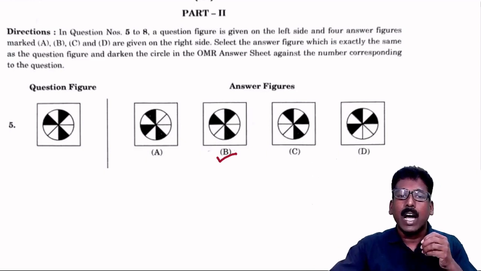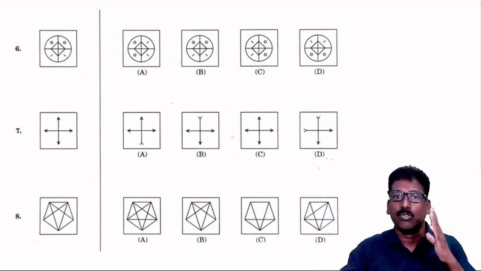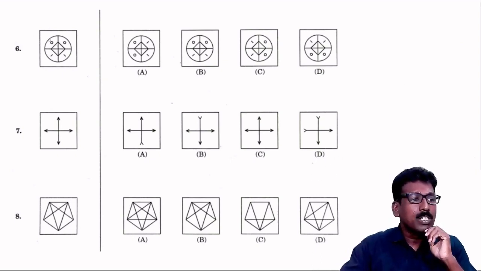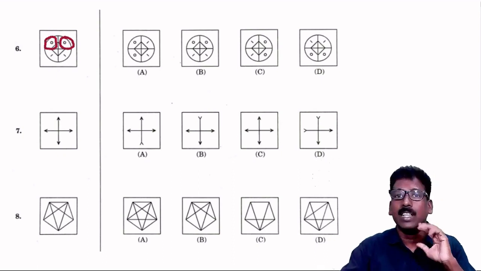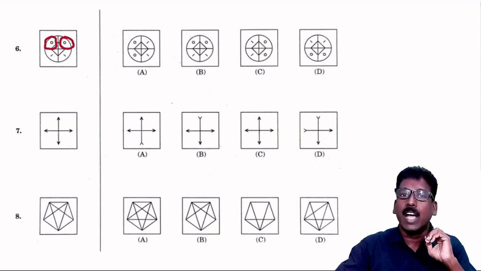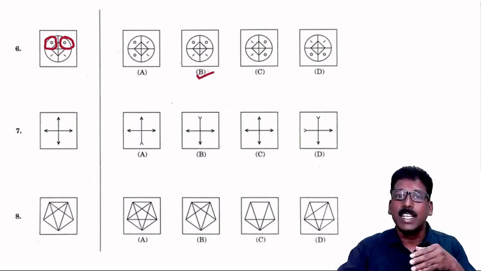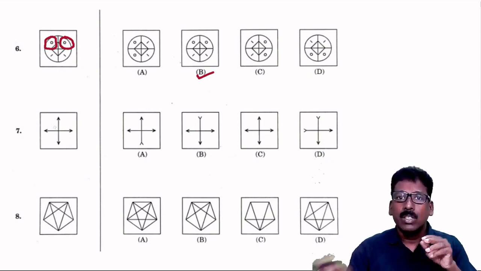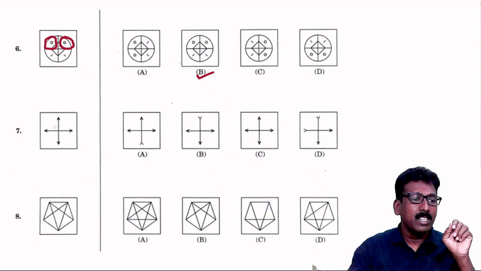Now look at the other questions. Question number 6, 7 and 8 of the same type. If you see here in the question figure, two circles are there in the top. The only figure having 2 circles on the top is B. So B is the correct answer. Here arrow mark is there. It is showing outside.